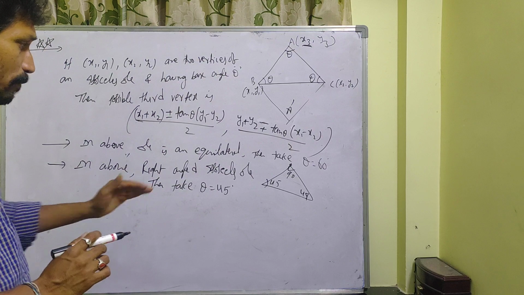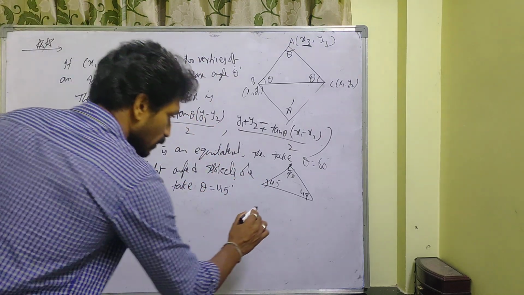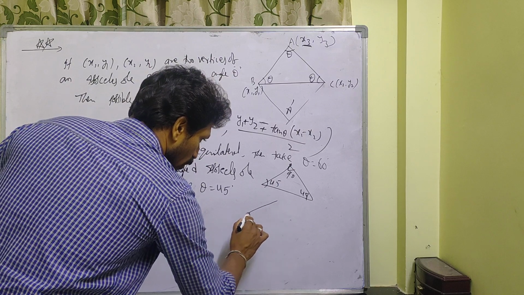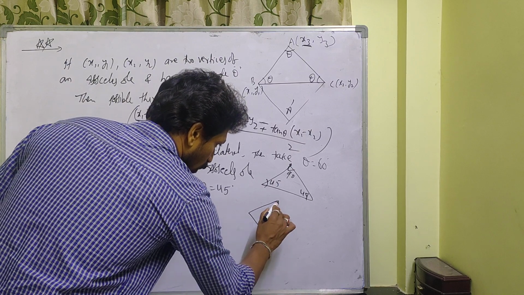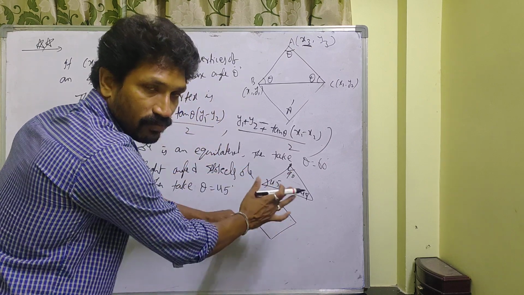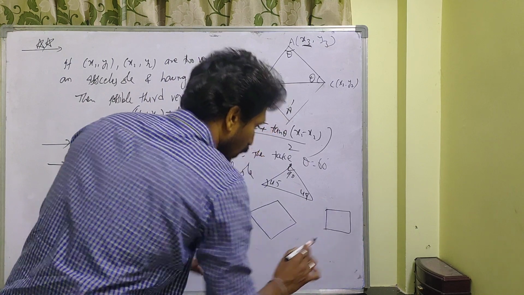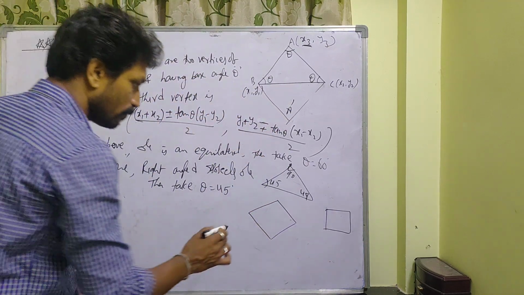In the same way, a right angle isosceles triangle is possible for a square. If you rotate it 45 degrees, you will get the exact shape of a square, but for my convenience I am taking it like this.